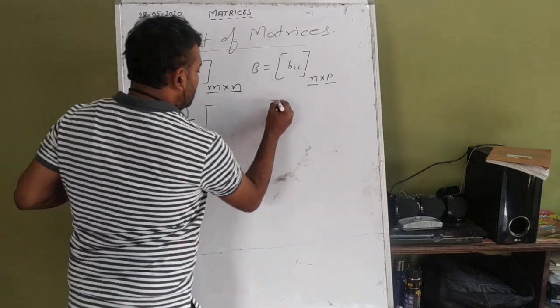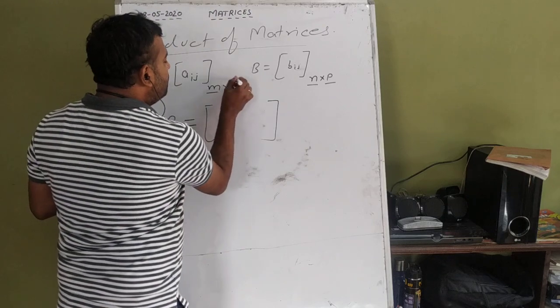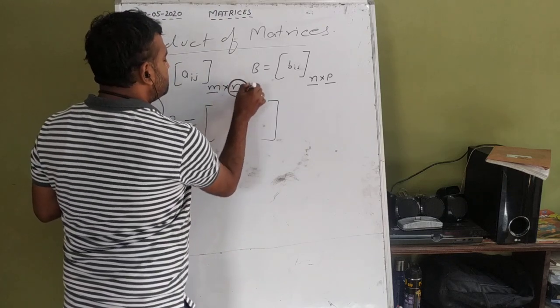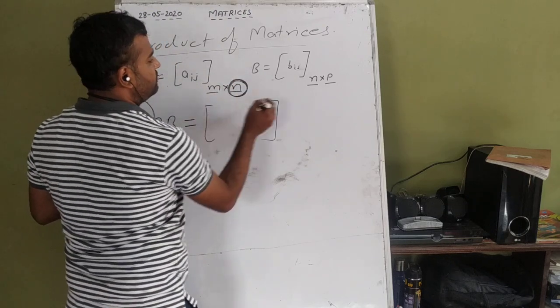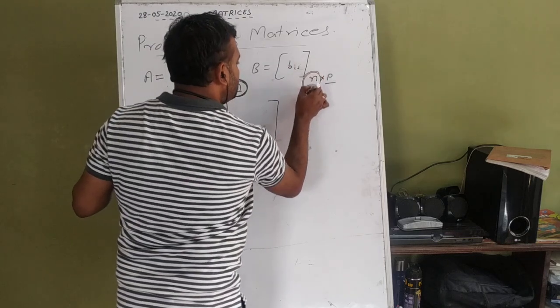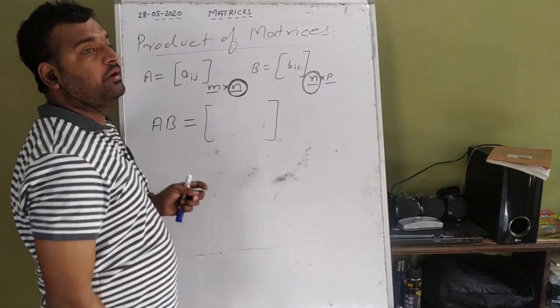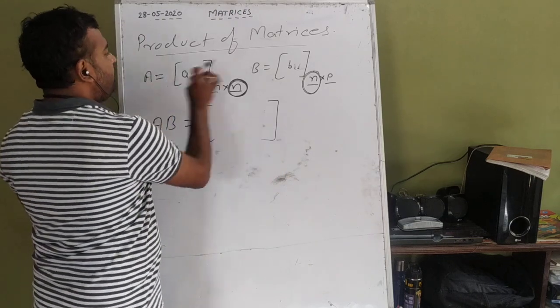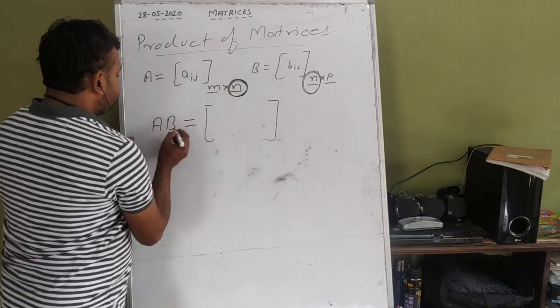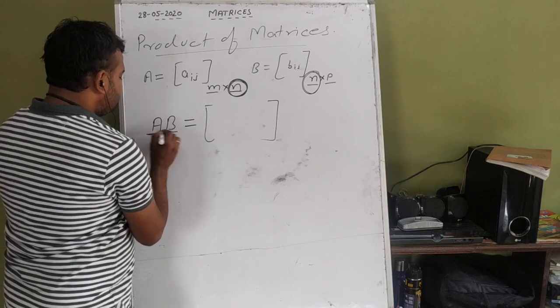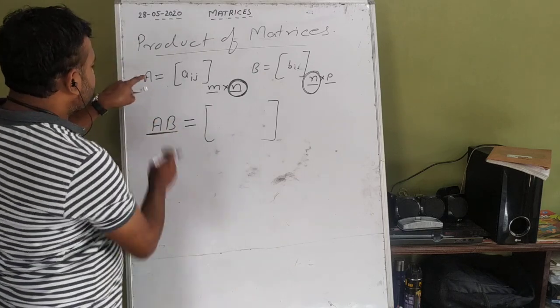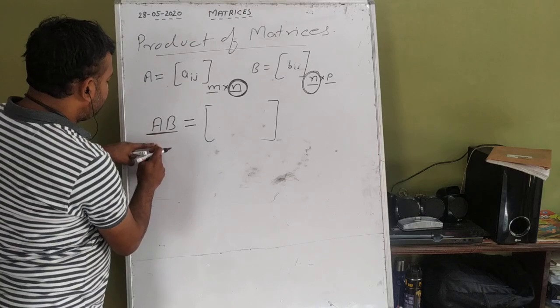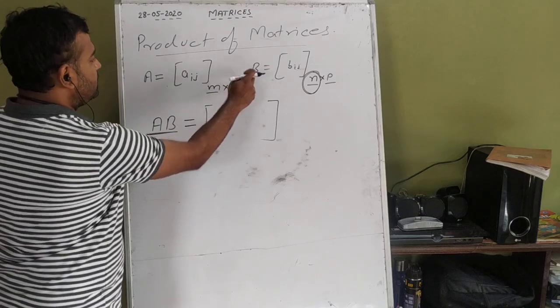Then the product AB, it means the product of the two matrices AB, will be possible only when the column of the first matrix is equal to the row of the second matrix. Very, very important point. Here A and B are the two matrices. The product AB is also very important because we have written A at the first place and B at the second place.